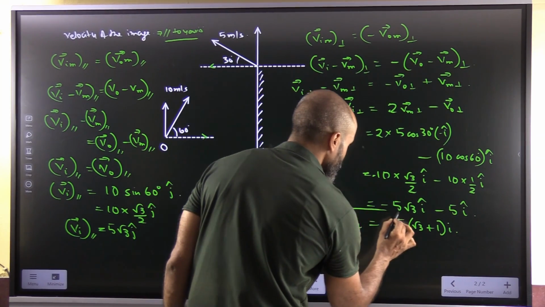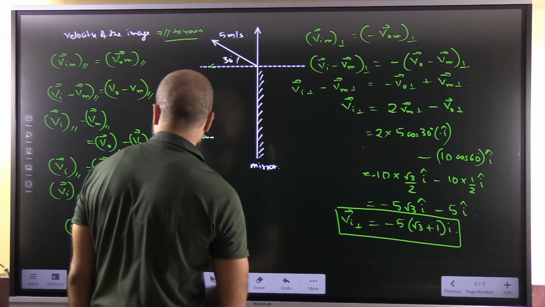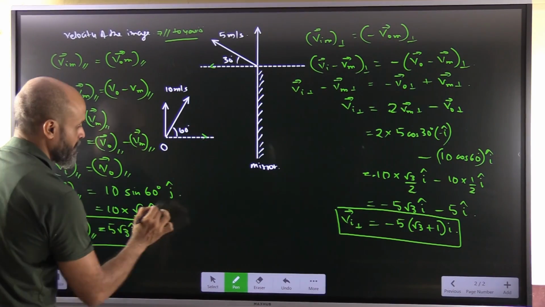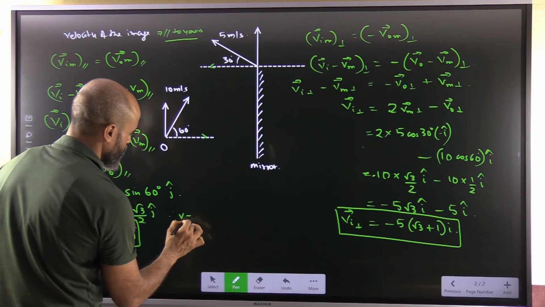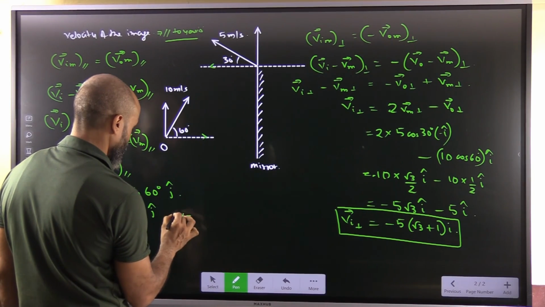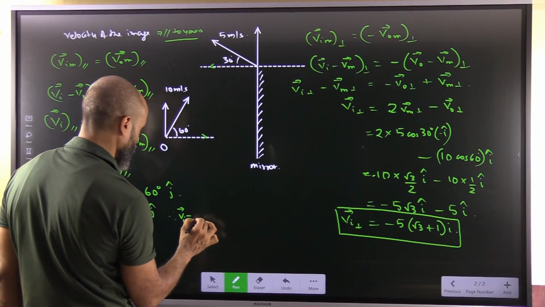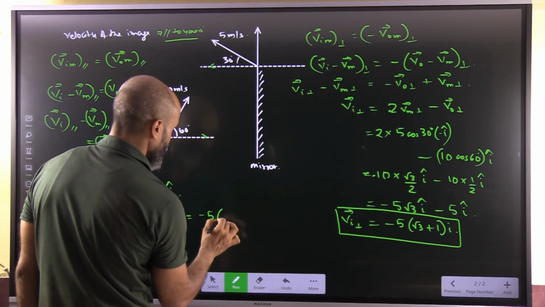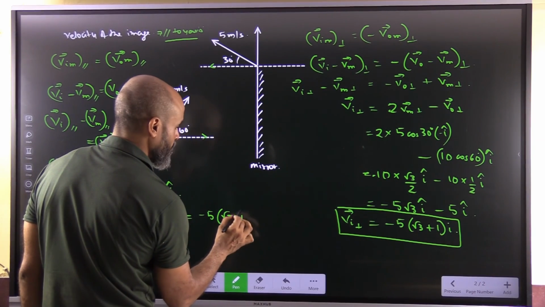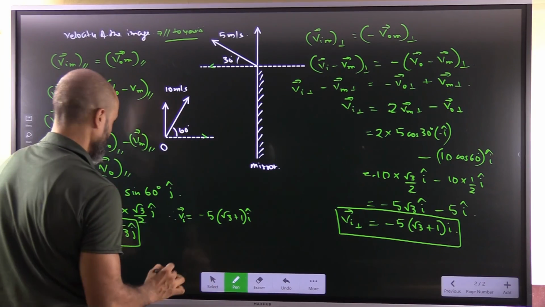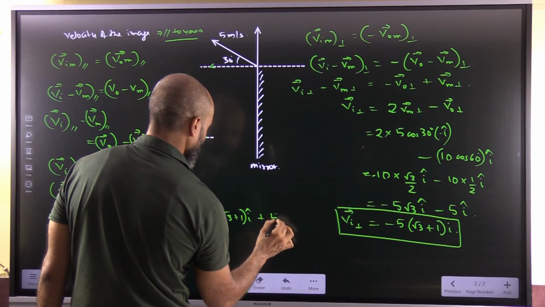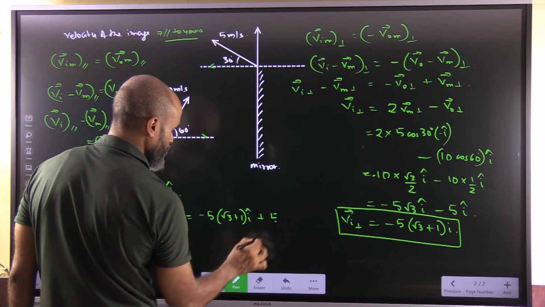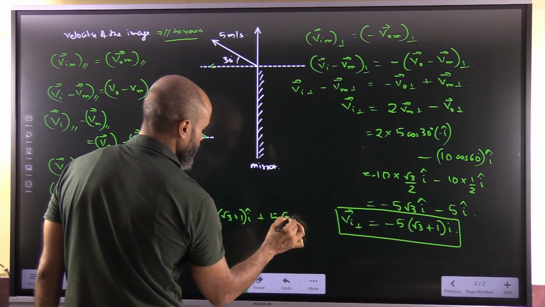So this is velocity of image along the perpendicular component, and this is the velocity of the image along the parallel component. So therefore the velocity of the image will be equal to this plus this, that is minus 5 under root 3 plus 1 I cap plus 5 under root 3 j cap.